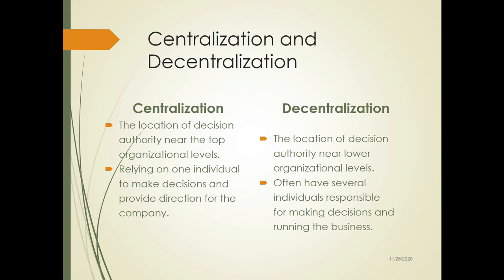So in centralization, maybe only one person in top level management would make decisions. But in decentralization, perhaps some of those in the lower levels of the organization can make decisions already to run the business.